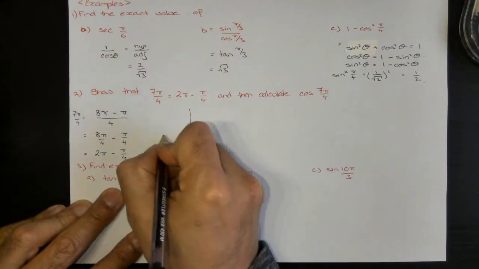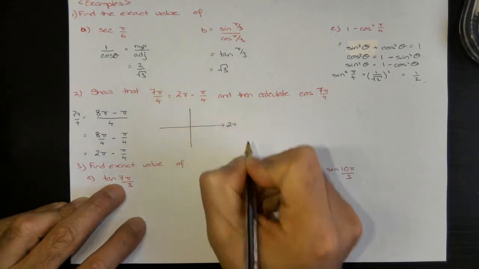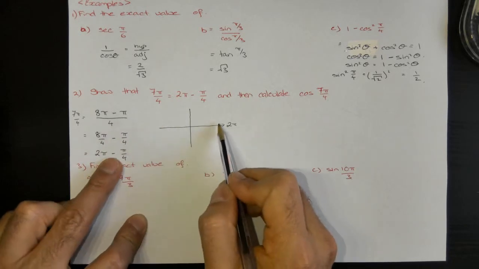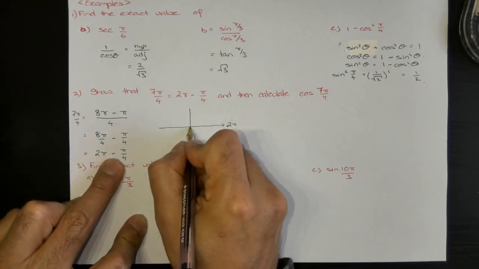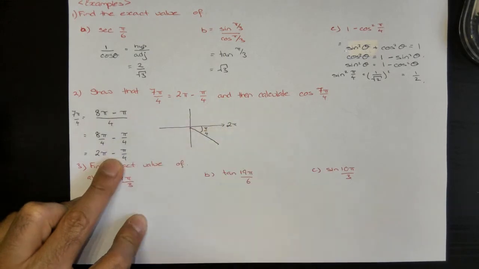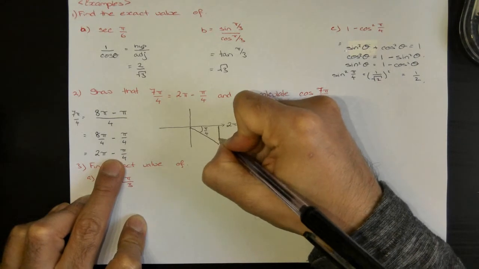There are my quadrants. This is my 2 pi. So I'm thinking of doing a full revolution and then coming back pi on 4. And there is my right angle triangle.